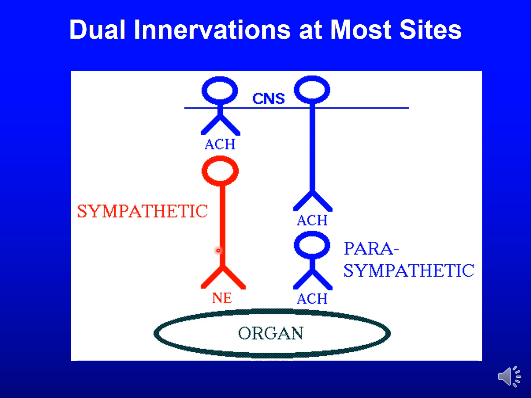Finally, this slide also shows some of the neurotransmitters that are involved in transmitting the signals from the central nervous system to the target organs. Between the preganglionic and postganglionic neurons, we can see that acetylcholine is the neurotransmitter in both sympathetic and parasympathetic nervous system.